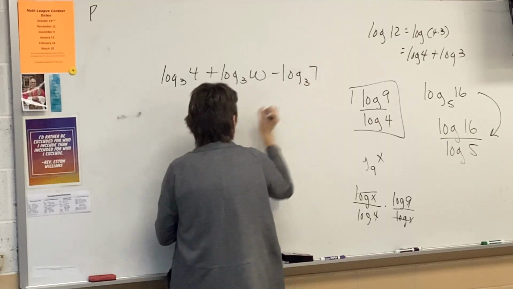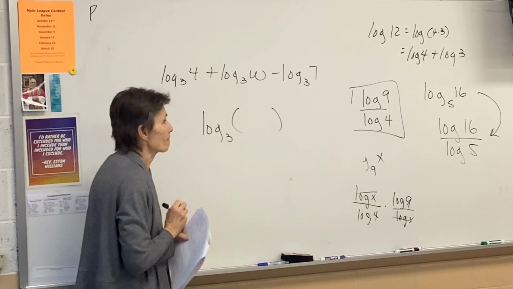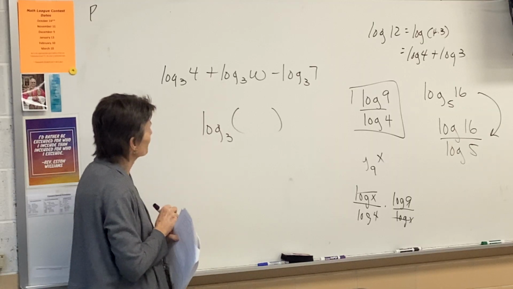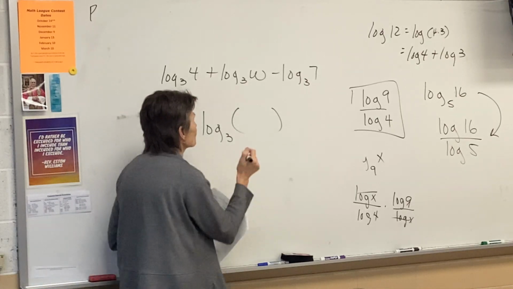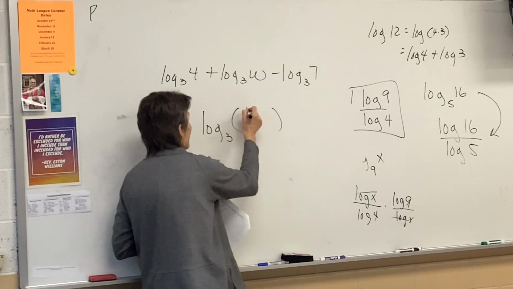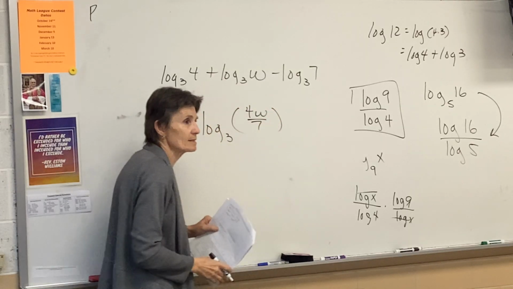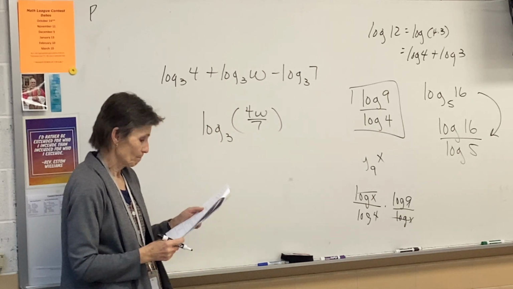We're gonna condense this into one logarithm. Now, Berto, you got an idea what might be in that parentheses where I put all this together? 4W over 7. What do you guys think about his idea? Perfect.